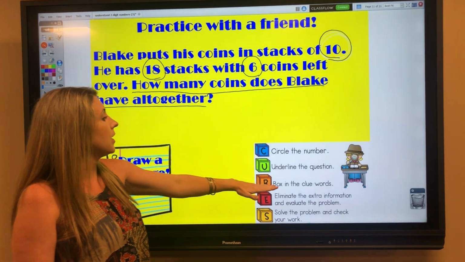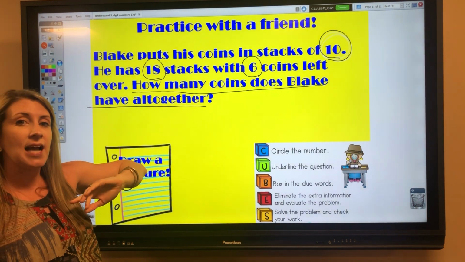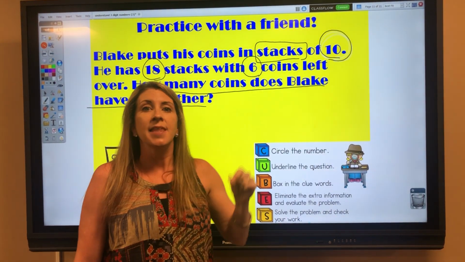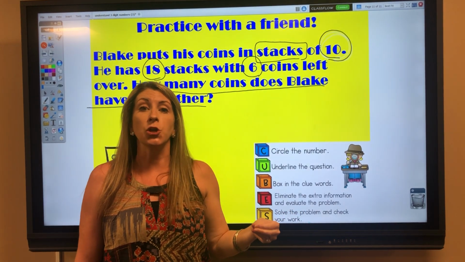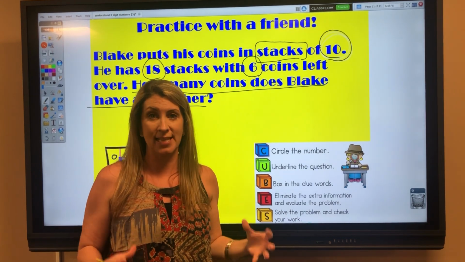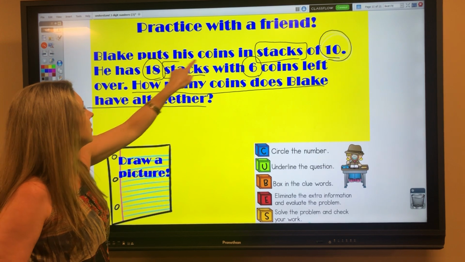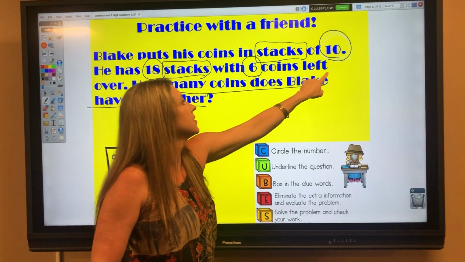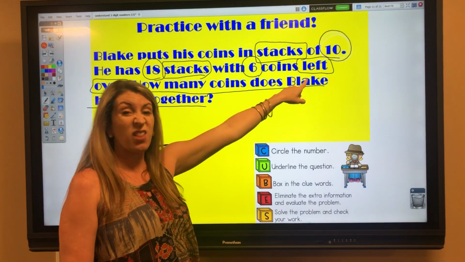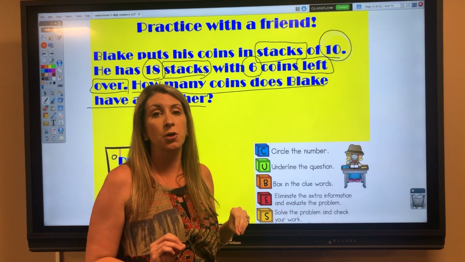Now we need to box in our clue words. So just like the last time, one of our clue words was our stacks of 10. The stacks of 10 tells you that you will be drawing 10 rods to solve this problem because they are in groups of 10. He has 18 stacks with 6 coins left over. Remember, those 6 that are left will be the 1 bits because those don't fit into a group of 10.